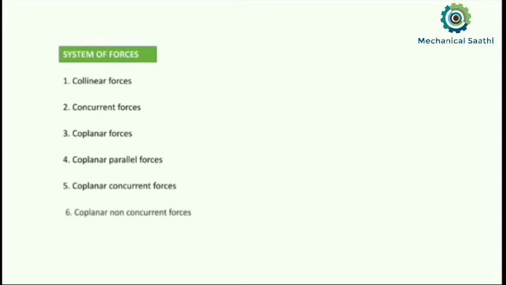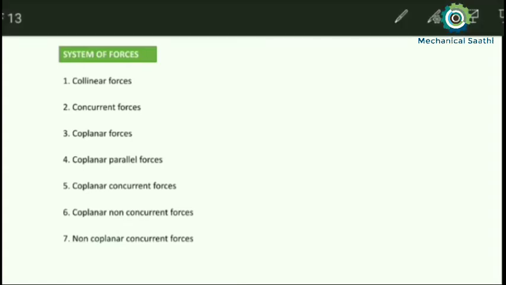Likewise you can get coplanar non-concurrent. That means they may lie in a single plane, but they must not be concurrent, meaning they must not meet at a single point. Non-coplanar concurrent means they may meet at a single point, but they should not be in a single plane.